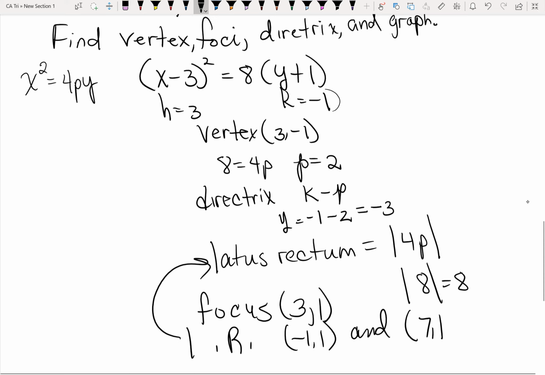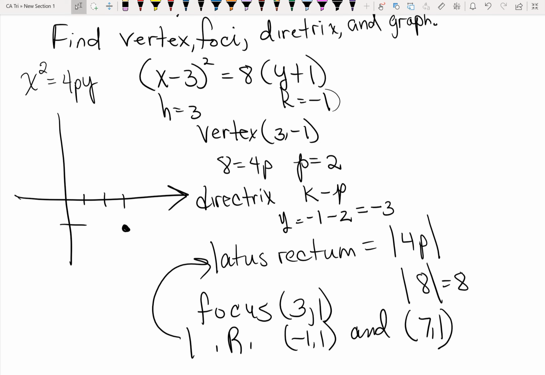And so now we can draw our figure. So drawing the figure, you have to remember, draw an XY coordinate. So we're at 1, 2, 3, go down 1. And that should be our vertex, (3, -1).